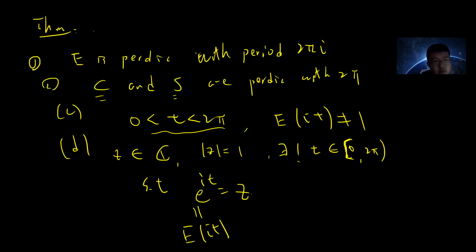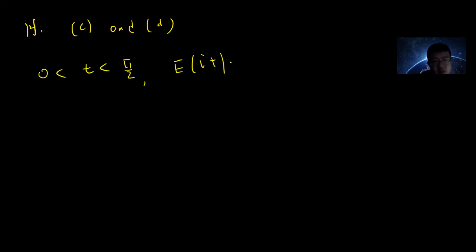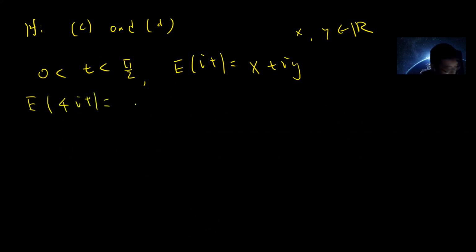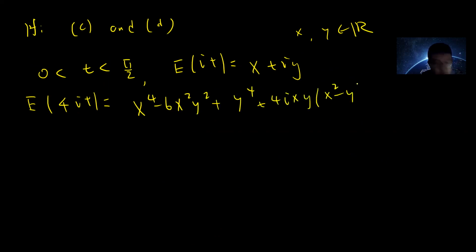So I think I don't have to prove these two, right? Because they come from my definition of pi. So I only need to prove C and D. Suppose e of it is x plus iy, where x and y are real, and you can show that exponential of 4it will be x to the 4 minus 6x squared y squared plus y to the 4th plus 4i xy times (x squared minus y squared).